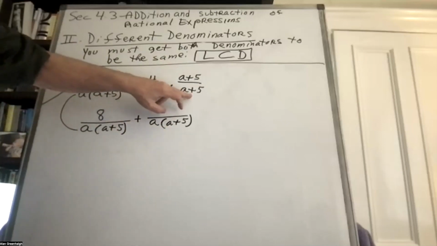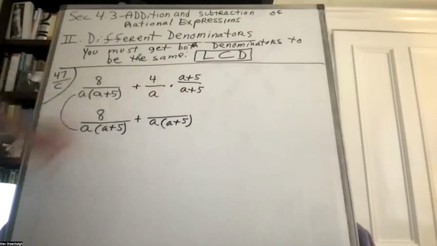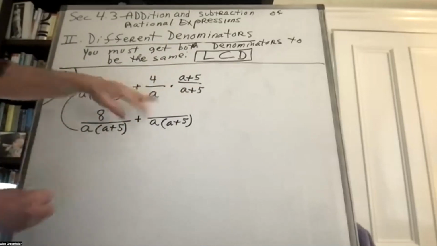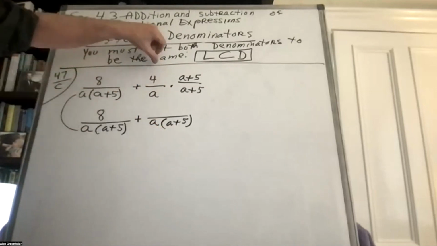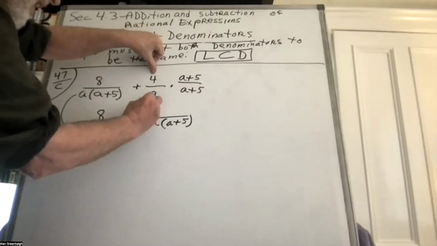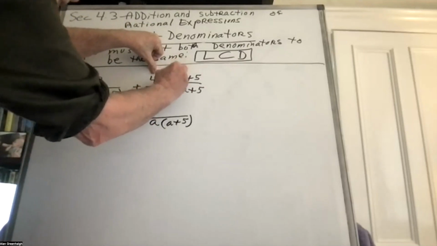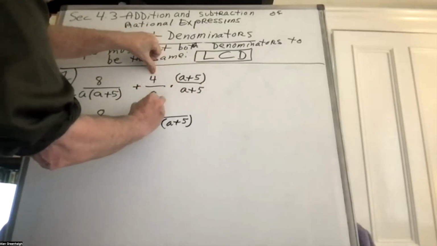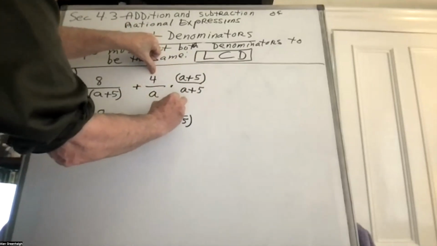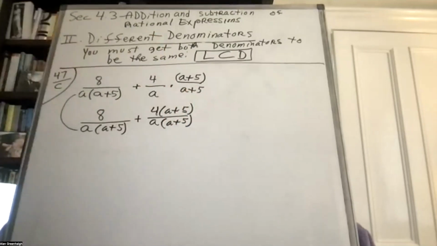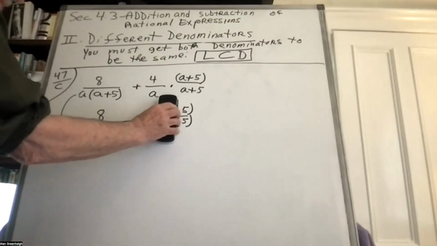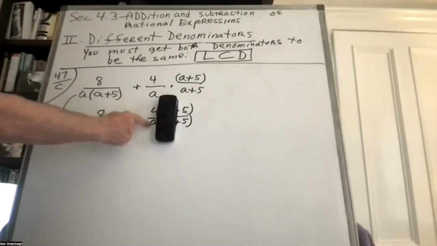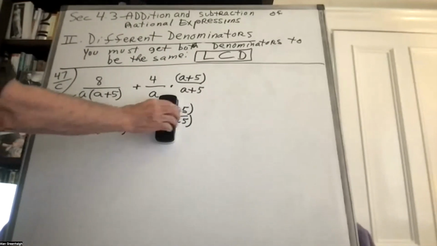So that's why we're multiplying by the A plus 5 over A plus 5. So what do we get? In the denominator, we get exactly what we want, but in the numerator, we get 4 times A plus 5. And you can see that if I covered this, you'd be back to the original fraction.